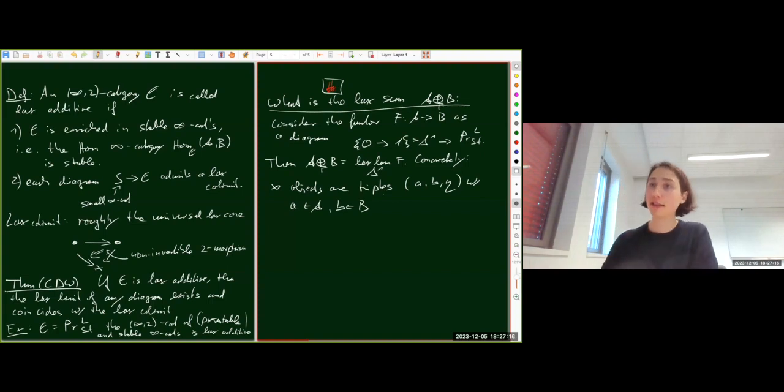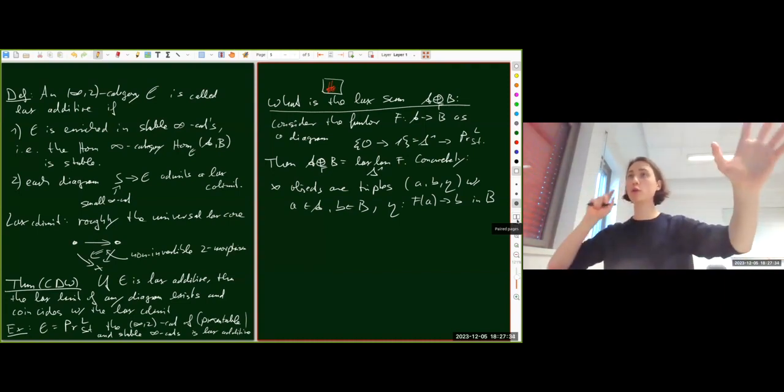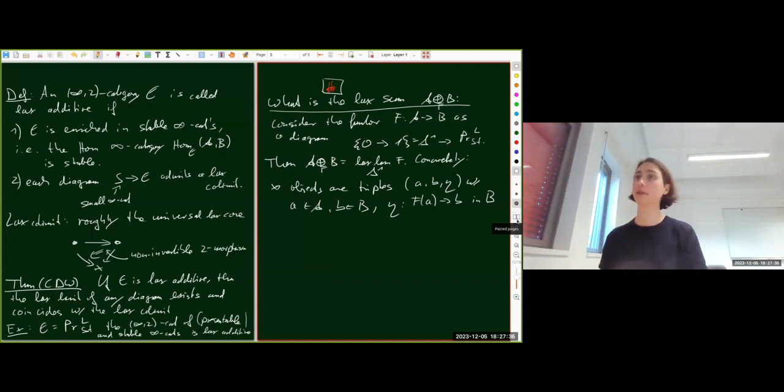But then we have this additional information eta, which is a morphism from f of A to B in B. So if the functor f was 0, the objects are the same as in the product, but here we glue together A and B along this functor f into this lax sum.